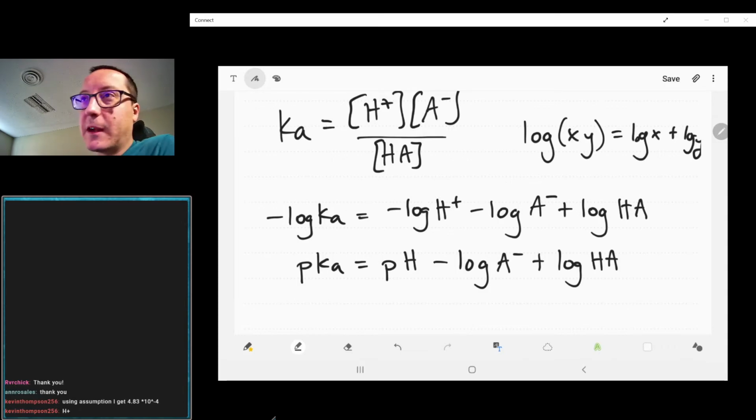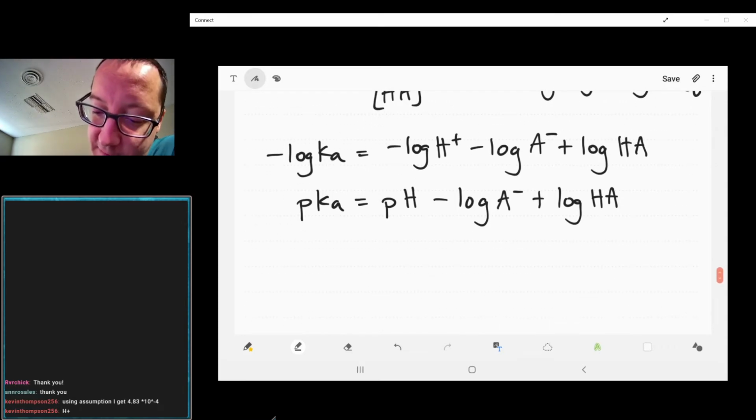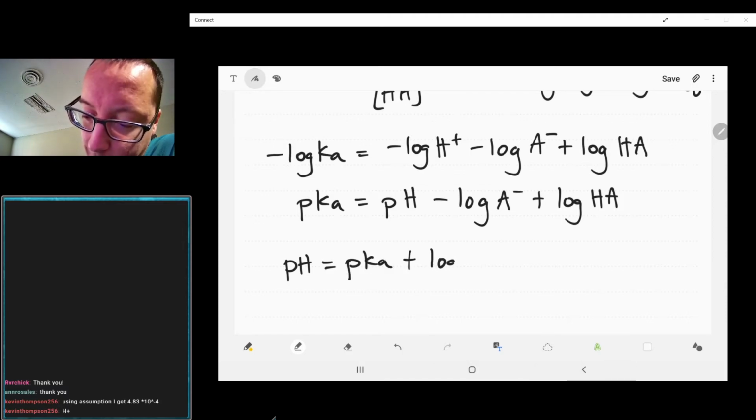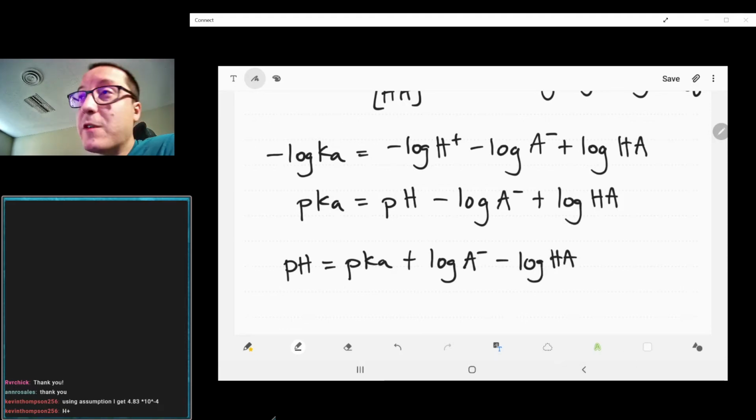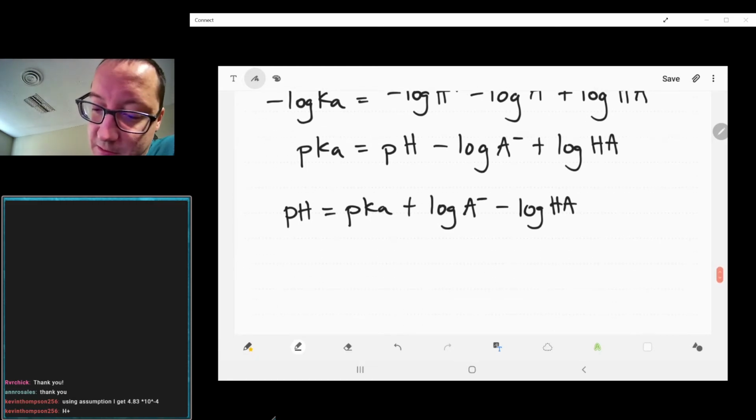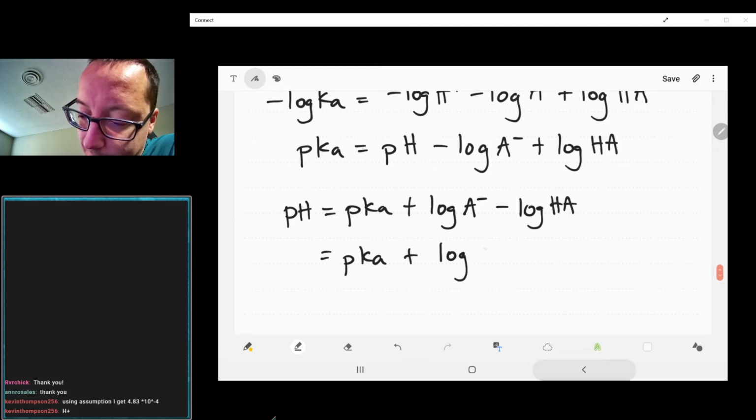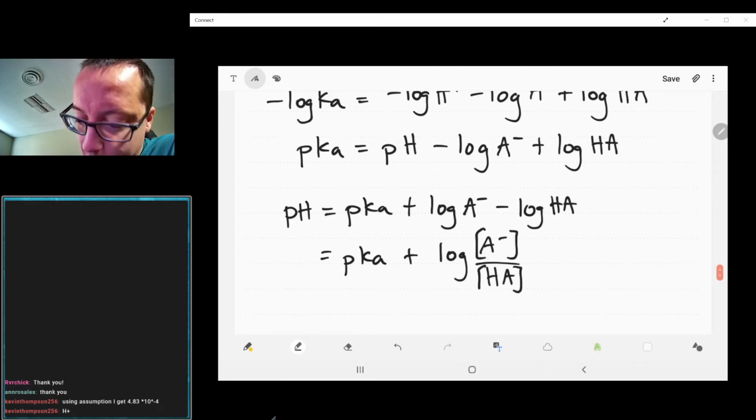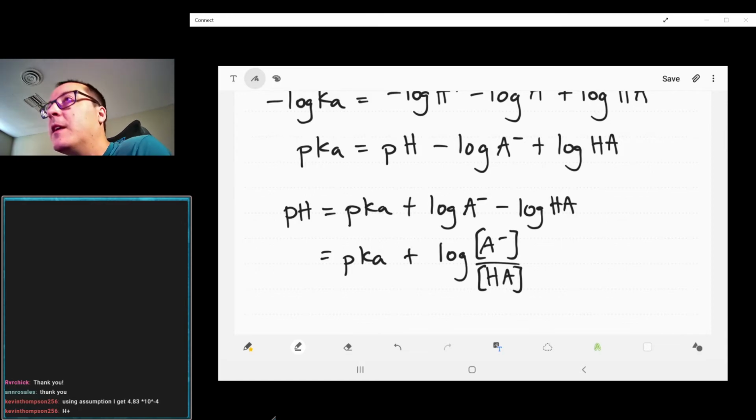and do some rearrangement. If we solve this equation for pH, move everything to the other side, and move some stuff around, let's recombine that as a logarithm. Remember, subtracting logs is the same as dividing them.